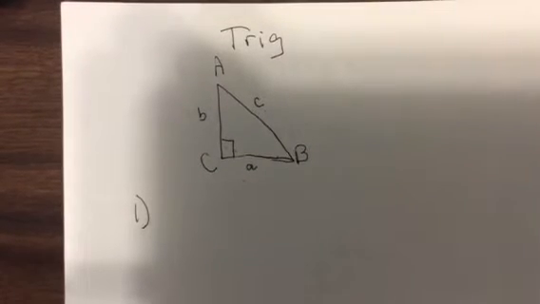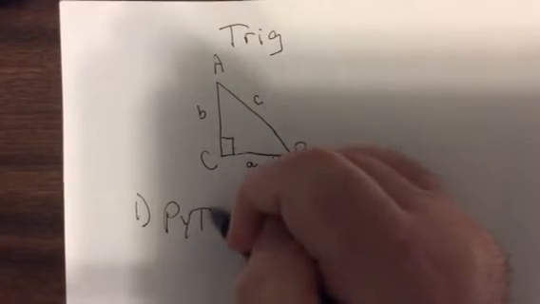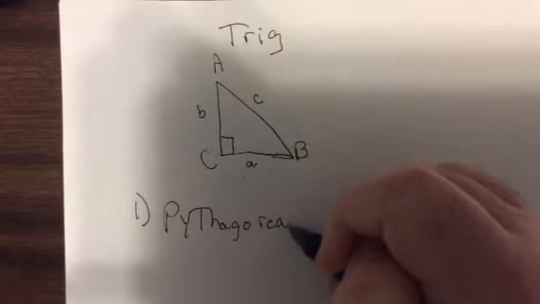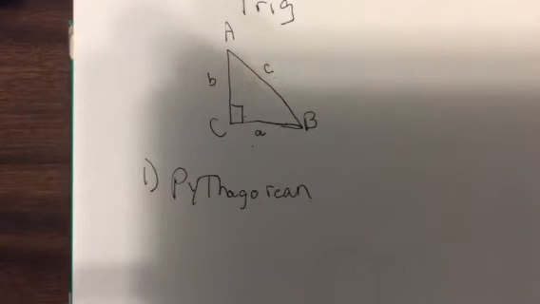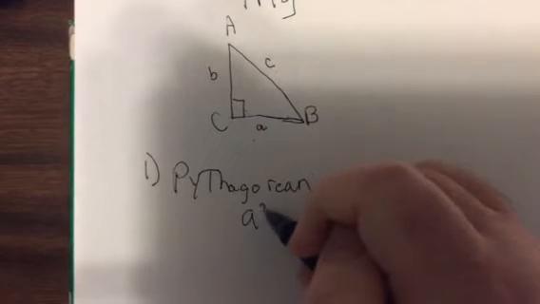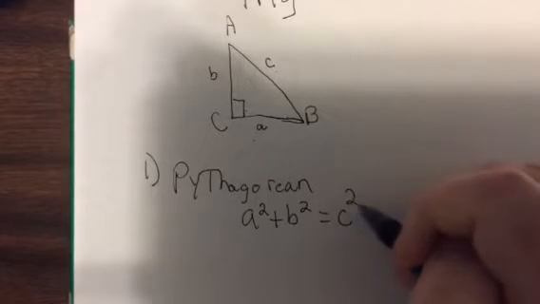Does anyone remember what that formula is? Say it louder. Pythagorean theorem. What does Pythagoras say? A squared plus B squared equals C squared.